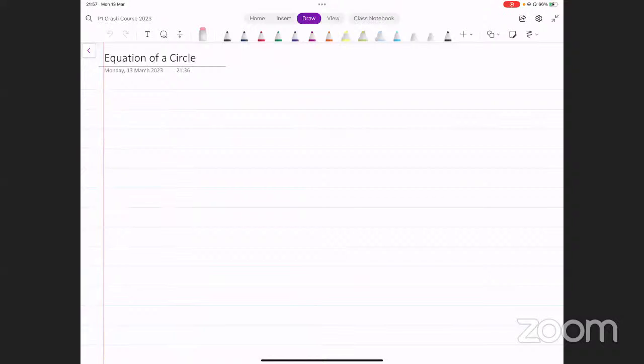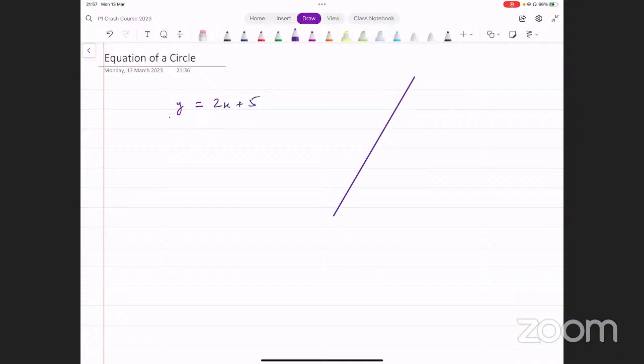All right, so that's the next thing that we want to do in this particular session. How do you find the equation of a circle? Let's think about this. Now, first of all, remember, what does equation of anything mean? So for example, if we have a straight line that looks like this, let's say this has an equation y equals 2x plus 5.